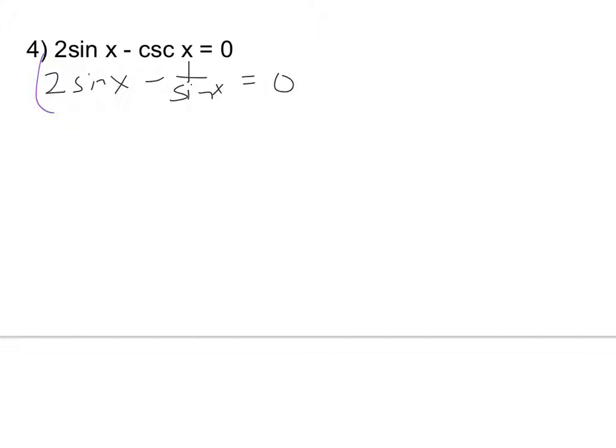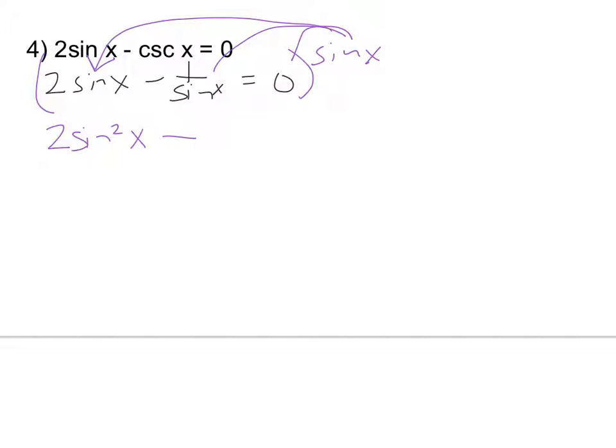I'm going to multiply this whole thing by sine x, distributing to each and every term. So the first term becomes 2 sine squared x, because sine times sine is sine squared. The second becomes sine over sine, which is 1. And the third is 0 times sine, which is still 0.